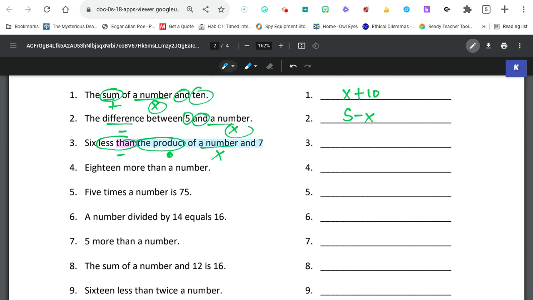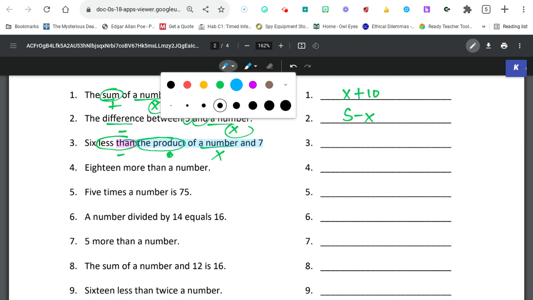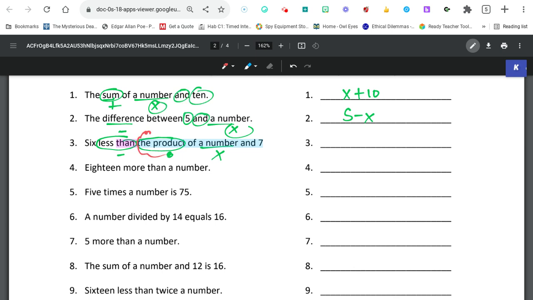I'm going to write what's on the right side of then first, okay? All of this. I get to write it first. So the product of x and 7, I'm going to write it as 7x. You could have done x times 7, but I tend to write my coefficient before the variable because that's the way it's normally written in math. But x times 7 is sufficient.